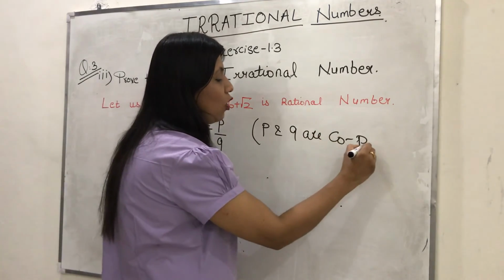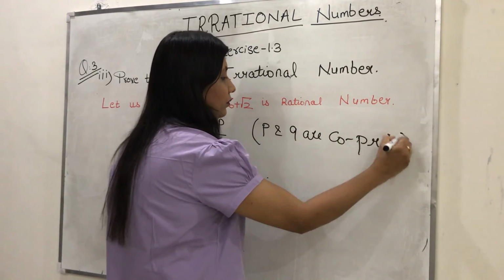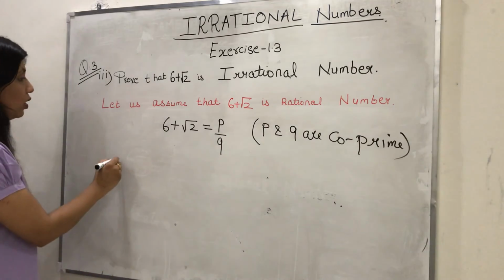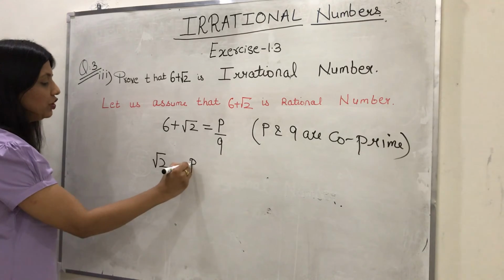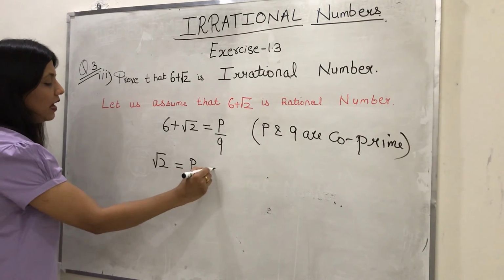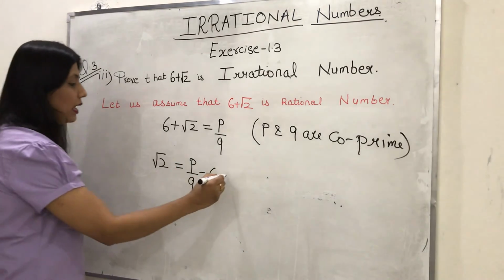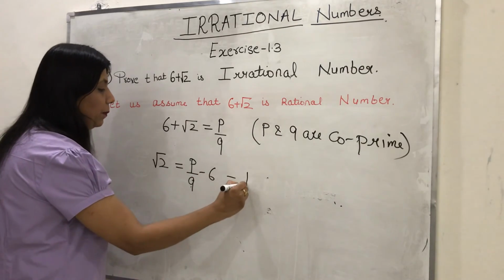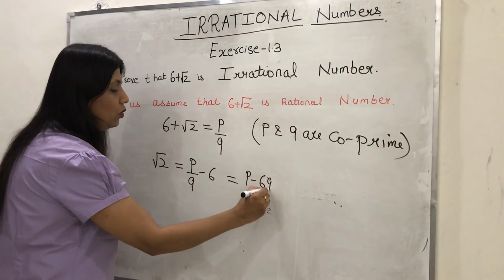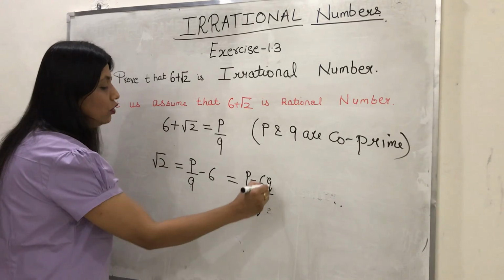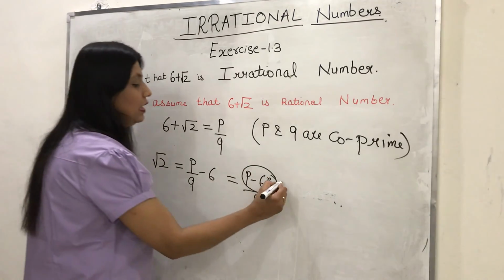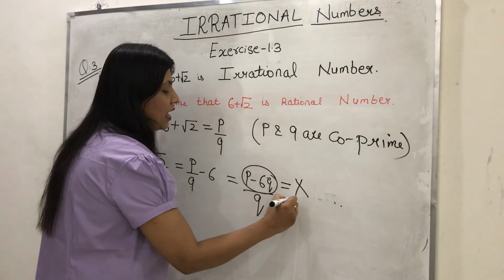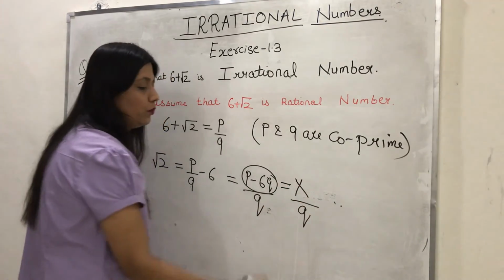They are not having any common factor. So what I can do now, I can take root 2 here only and shift 6 to the right side. When I take the LCM, it will be p minus 6q upon q. Again this value will give me some integer. So suppose it is giving me an integer as x upon q.